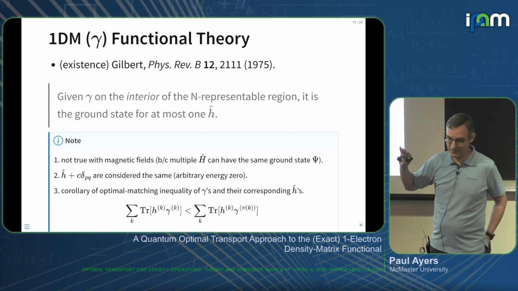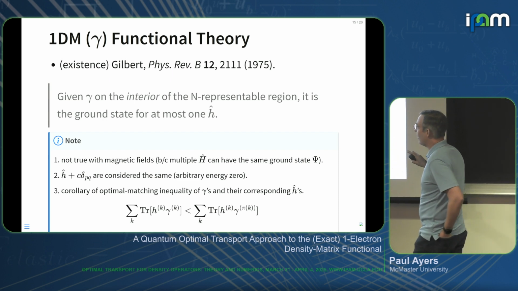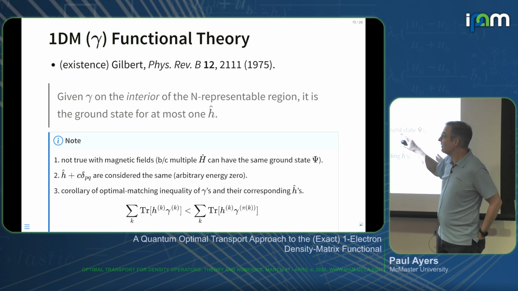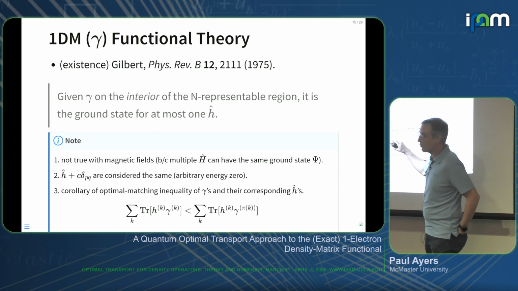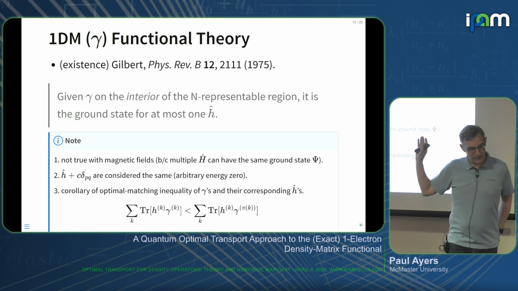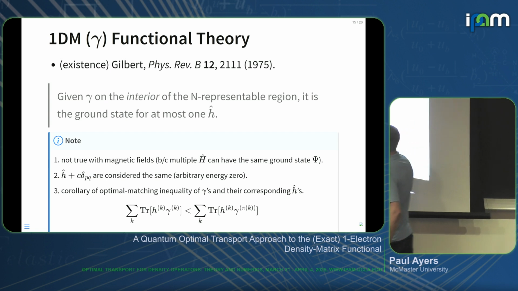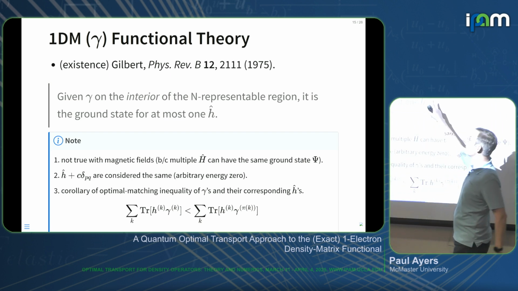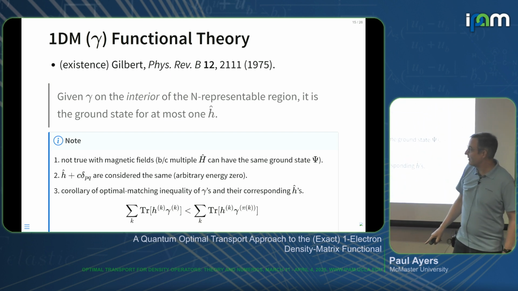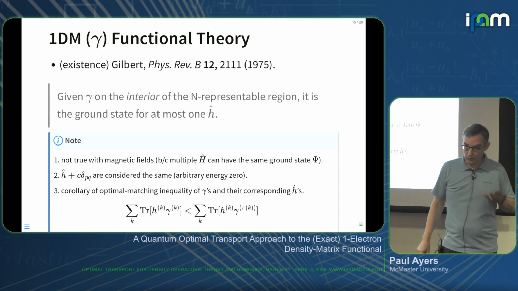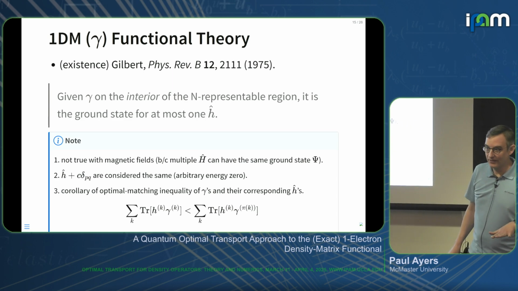There's no insight in this proof. There's some subtleties, which are the same subtleties that exist in DFT, but we usually don't think about them in DFT, which is that given a density matrix on the interior of the unrepresentable region, there's at most one electron Hamiltonian, right?